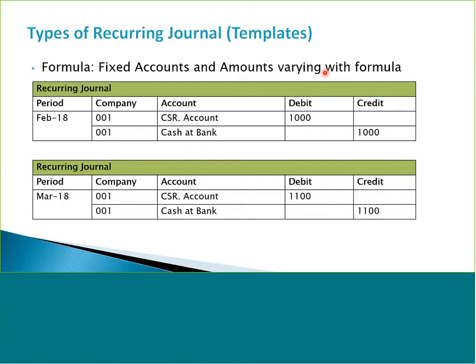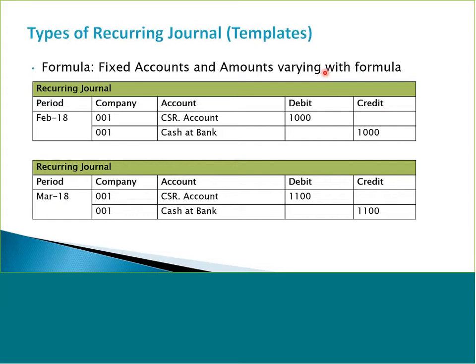The next type of recurring journal is the formula. What did we say the formula template looks like? So if you have these accounts, but the amounts that are posted in these journals vary using a certain formula from period to period.